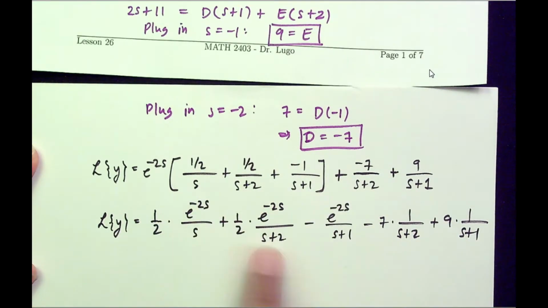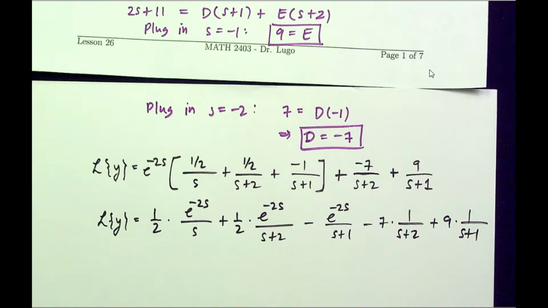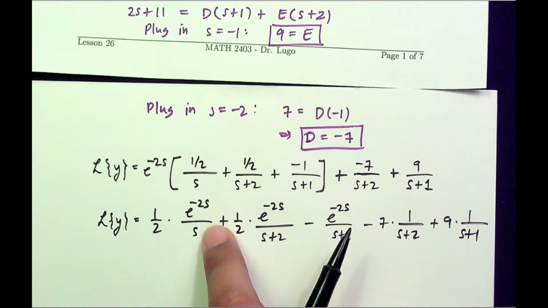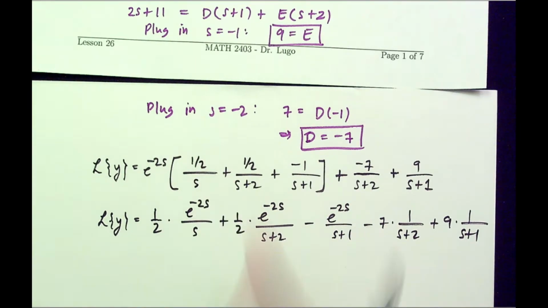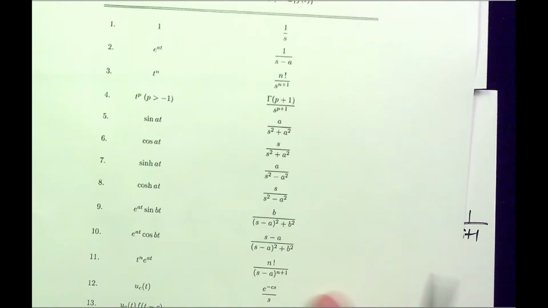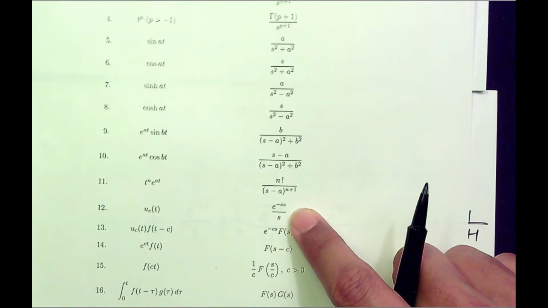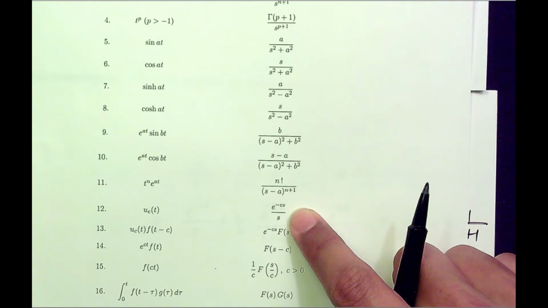Okay, now each of these are in the table, and we're going to look them up. Okay, this one right here, e to the -2s over s, is this one right here, e to the -2s over s, where c equals 2.